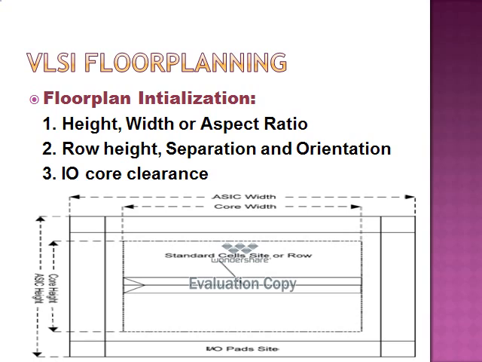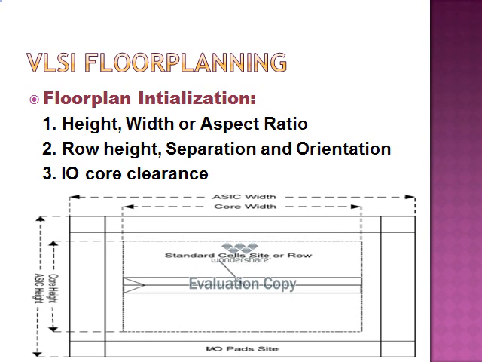One way is to set the die or macro size, by giving the height and width directly. The other way is by giving aspect ratio and cell row utilization.